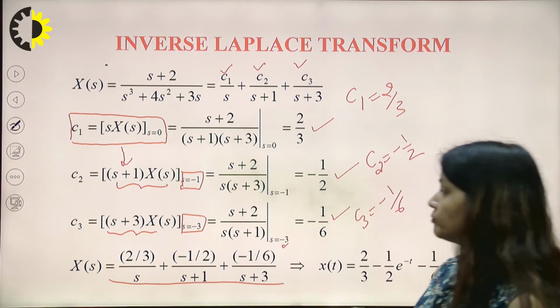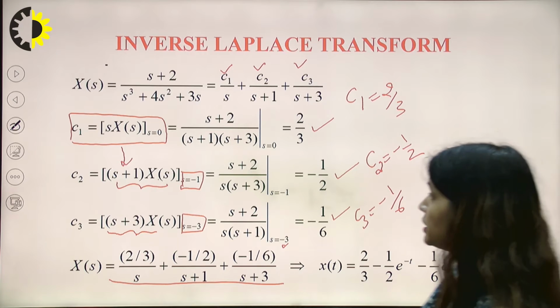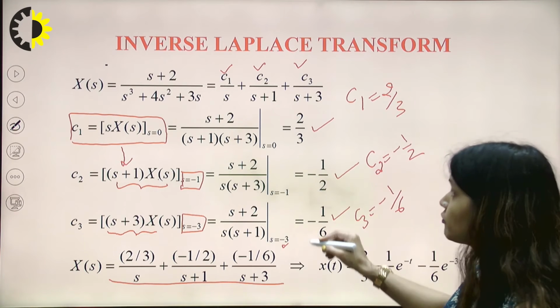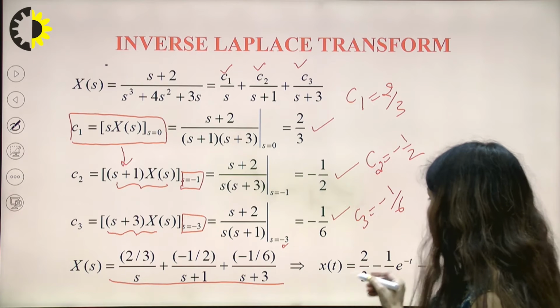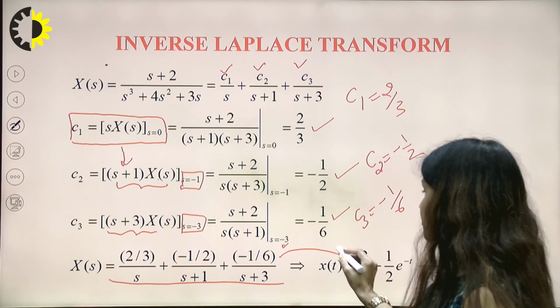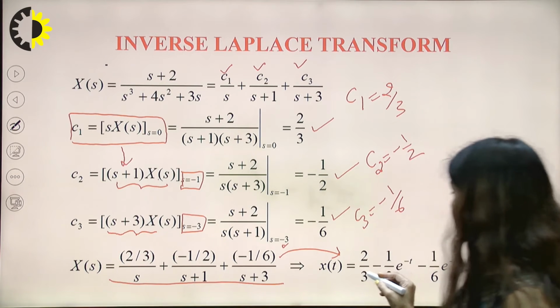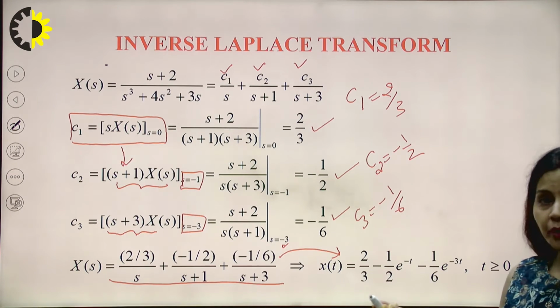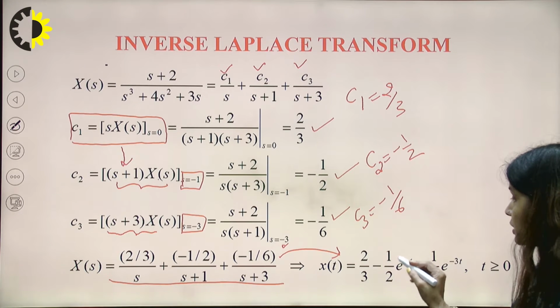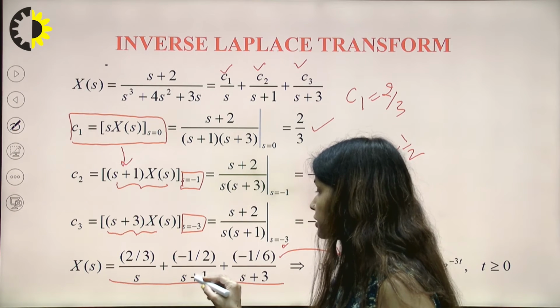So this is how we calculate all these values for the coefficients C1, C2 and C3, and then take the inverse Laplace of this. The 1 upon S, the inverse Laplace will be 1 or maybe u(t), and -1 by 2 e raised to the power minus t for S is equal to -1.